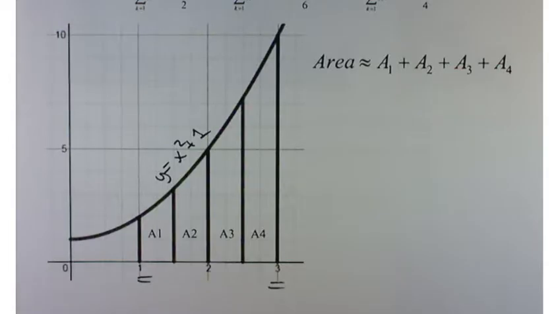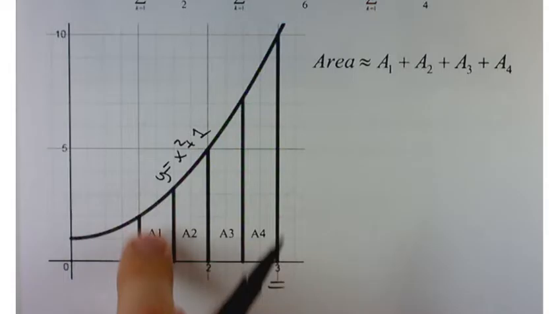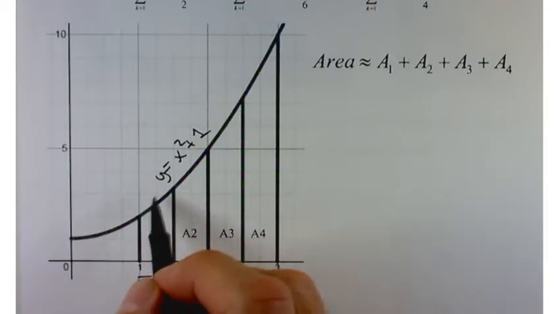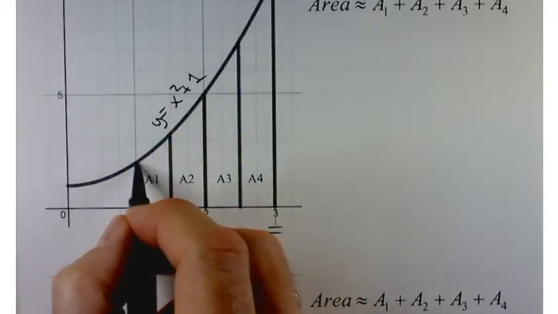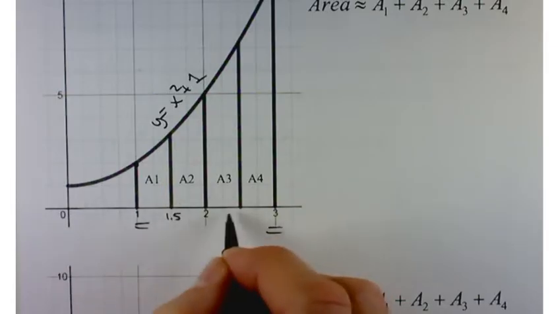So how are you going to approximate? Well, we're going to draw a rectangle that is going to estimate the area in this interval of the area underneath the curve. So I'm going to start with the left-hand endpoint of each of these intervals. So this is 1.5, this is 2.5.